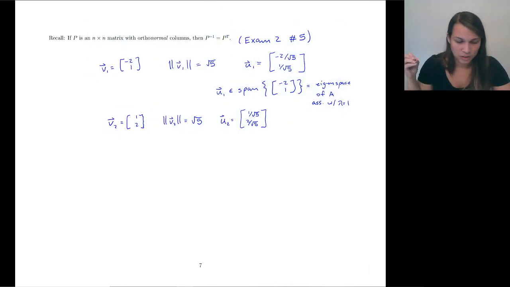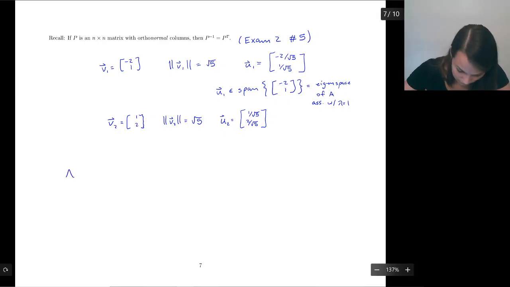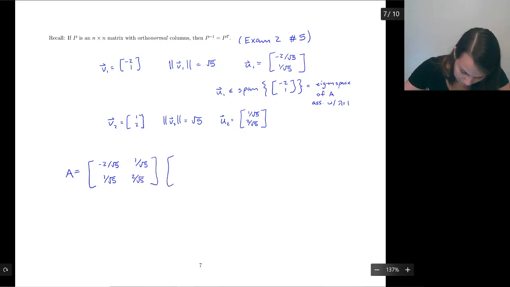Okay, so let's write A using these eigenvectors instead. So A equals -2 over root 5, 1 over root 5, 1 over root 5, 2 over root 5. D stays the same because that's just eigenvalues.